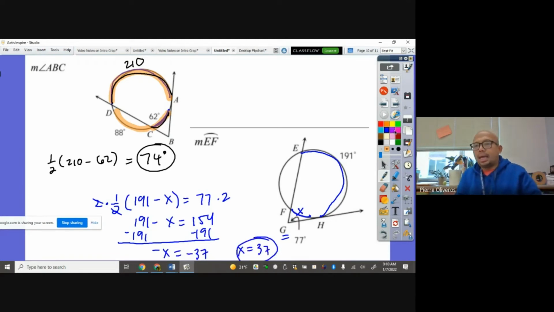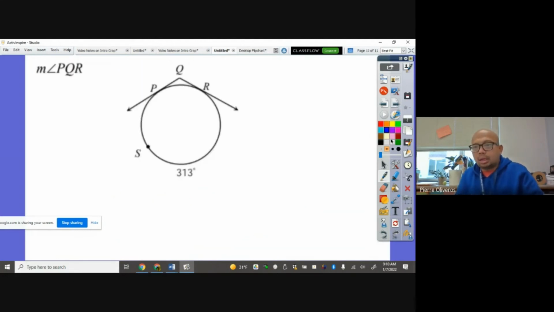Okay. And last set of examples here, the measurement of PQR. I do not know the angle. I do not know the smaller arc. I only know the largest arc there. Very simple here. You know that we have two tangents.